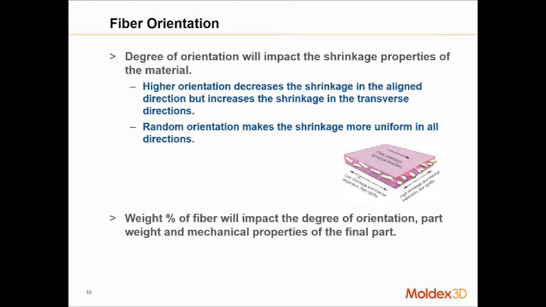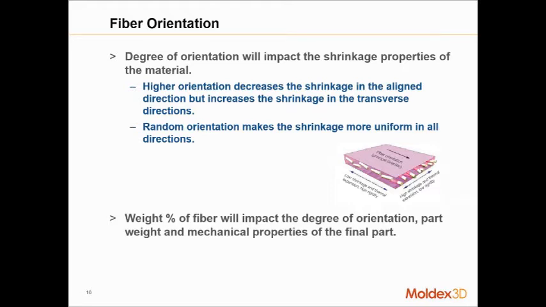So what that means is I'm going to have a very strong part. It actually increases the rigidity of the part and the mechanical properties of the part in the fiber direction, but in the transverse direction, unfortunately, the properties are much lower.